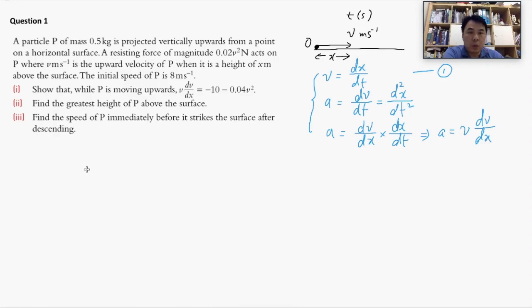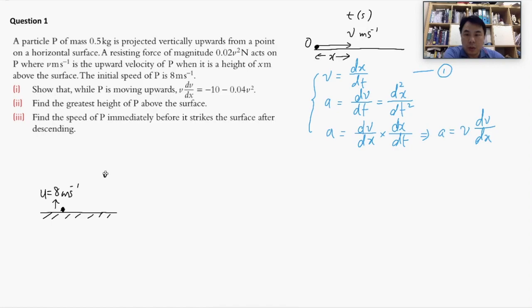So let's do some drawing here. This is the ground. The object is being projected off the ground with the initial velocity of 8 meters per second. While it is in mid-air, I'll draw another diagram.